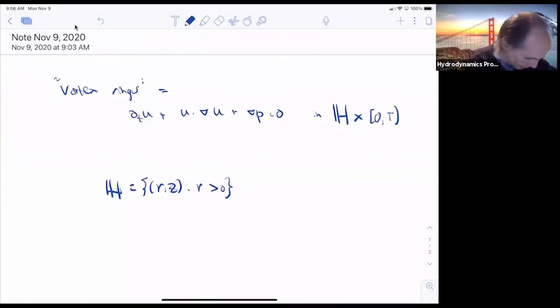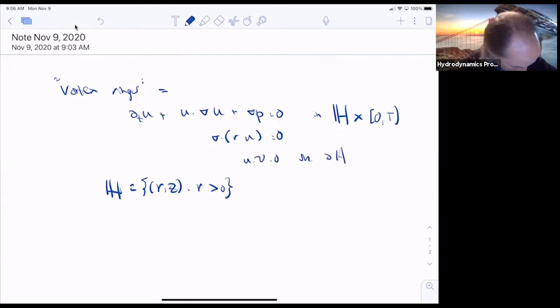And then the divergence condition is modified. And we ask the function to be tangential on the boundary, which really says that in the 3D picture, it's continuous along the z-axis. Okay. And so these are the equations.